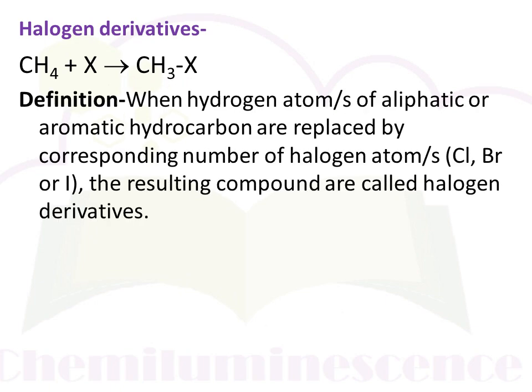So the definition of halogen derivative is this: when a hydrogen atom or atoms of an aliphatic or aromatic hydrocarbon are replaced by a corresponding number of halogen atom or atoms, either chlorine, bromine or iodine, the resulting compounds are called halogen derivatives. From this you will understand what a halogen derivative is.